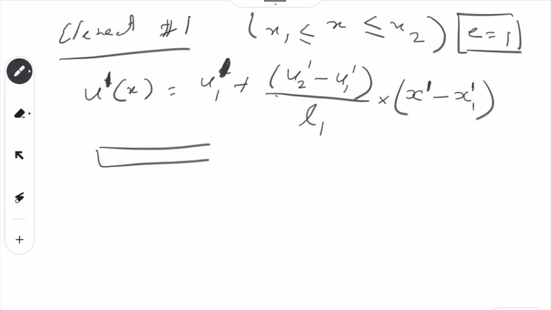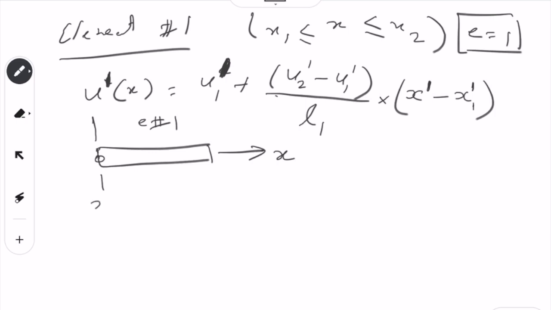This is element number 1, and this is the local coordinate system, x goes like this.